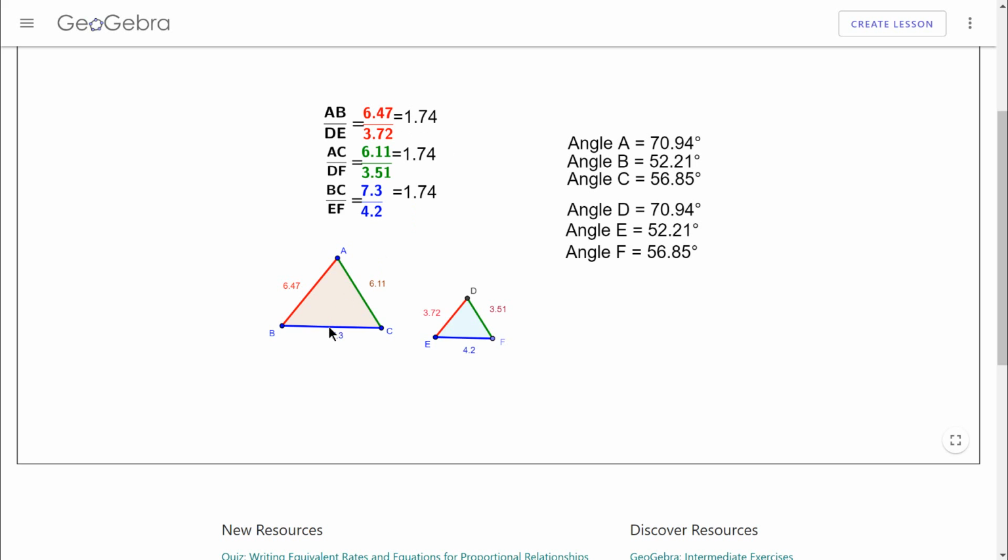It is the same as dividing this by that, the same constant, and it's the same as dividing this by this, the same constant. Then it is called the constant of proportionality. It means roughly that these sides are 1.74 times the size of the other in measure.